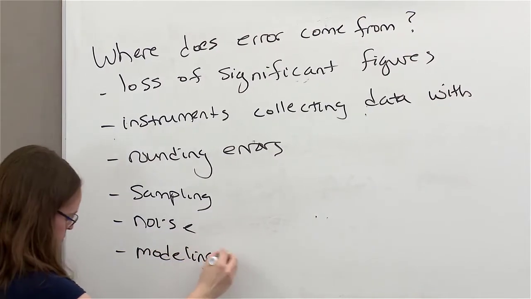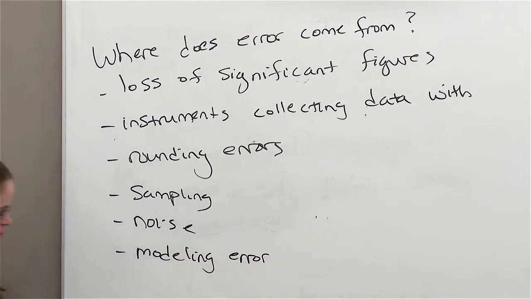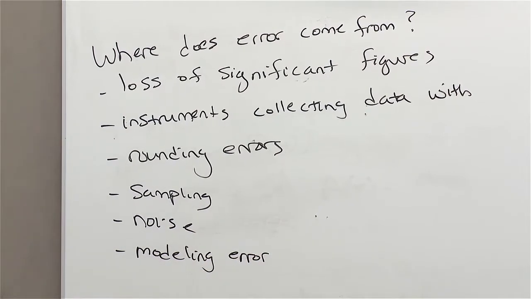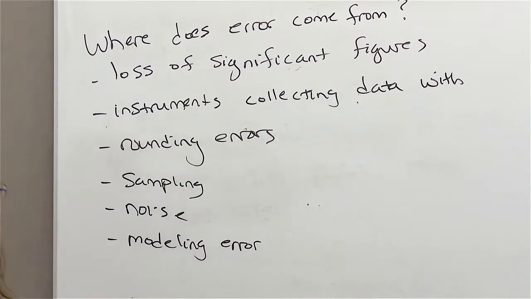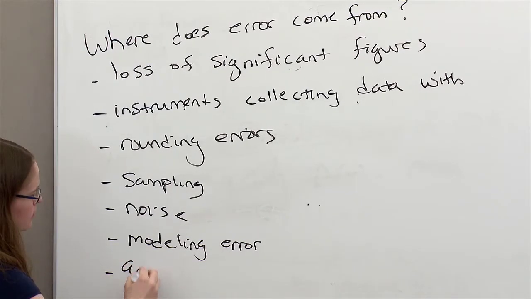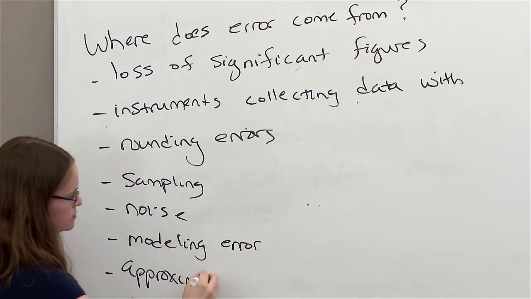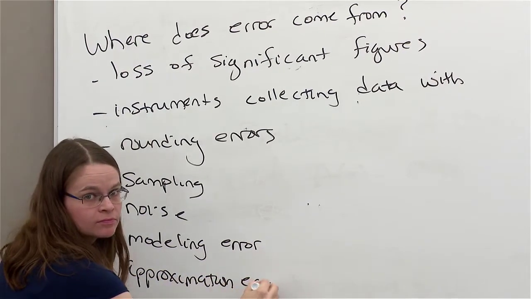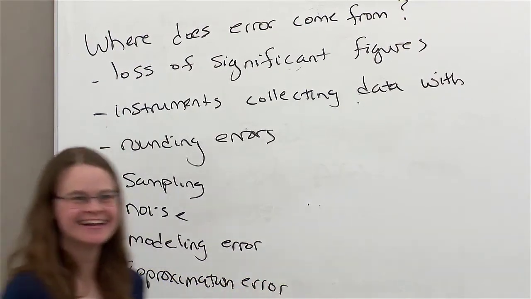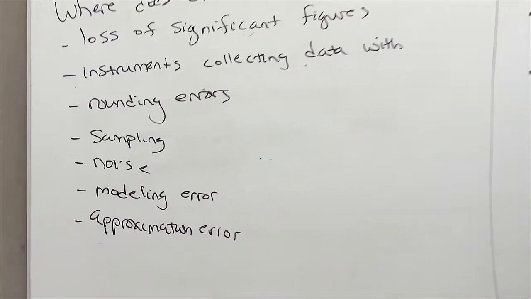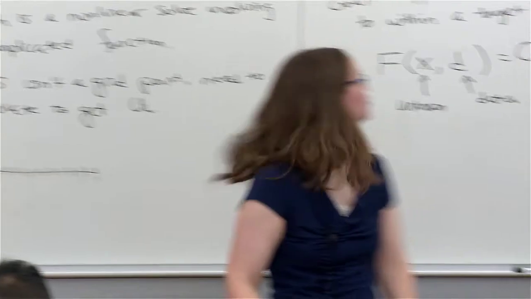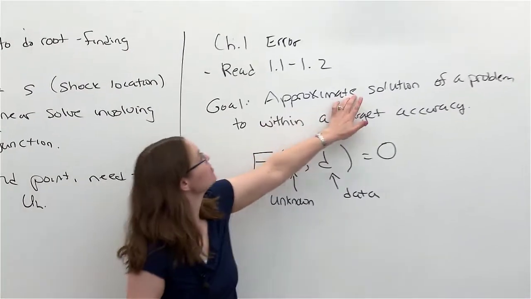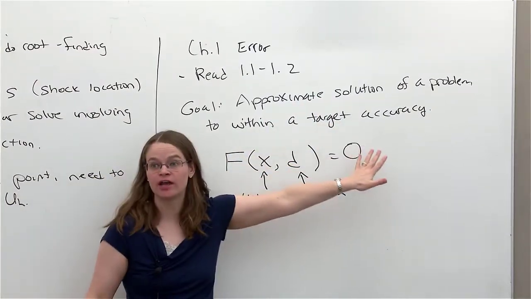Any others? This seems more and more like we're just going to be wrong. So you're worried that we're going to be wrong. This is why we do numerical analysis. So this is why I didn't just say approximate the solution. I said approximate to within a target accuracy.